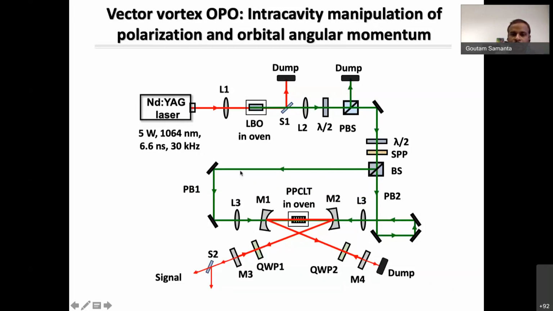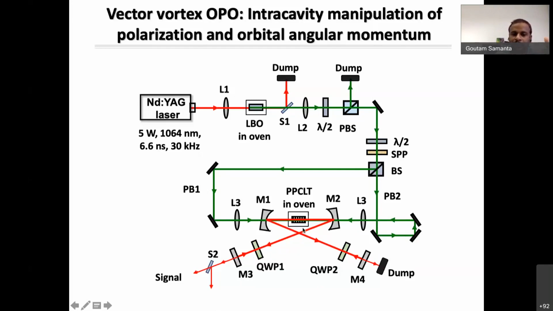One part goes in this path, PB1, and resonates in this direction, and another beam passes through this path and is then focused in this direction, and that is also creating. So basically there are two OPOs inside the same cavity, or two optical parametric oscillations are happening in the same cavity, and then we have this wave plate combination here to convert the polarization mode.